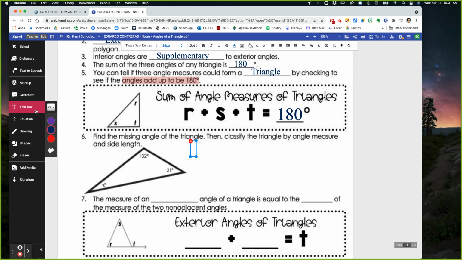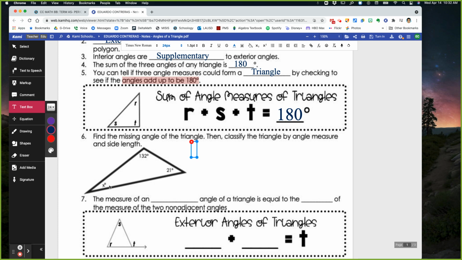So I'm going to go text box 24. We want to find the angle measurement of x. We know one of the angles is 132, the other angle is 21. We don't know what this angle measurement for x is. How can we figure that out? How can we figure out what x is?